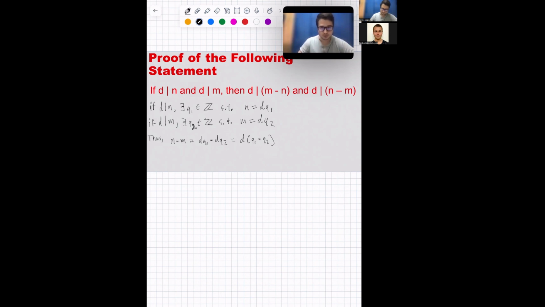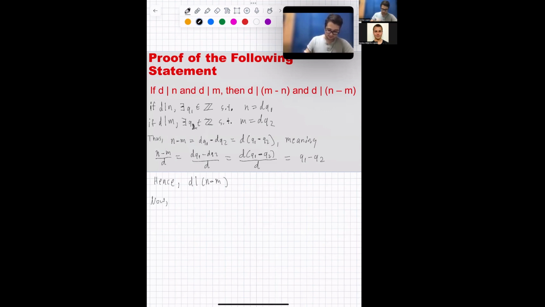Meaning that n minus m divided by d is going to be equal to d q1 minus d q2 divided by d, which is equal to d times q1 minus q2 divided by d, which is equal to q1 minus q2. Hence, d divides n minus m, okay?